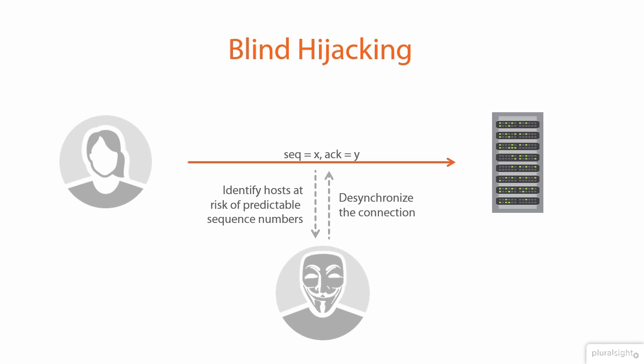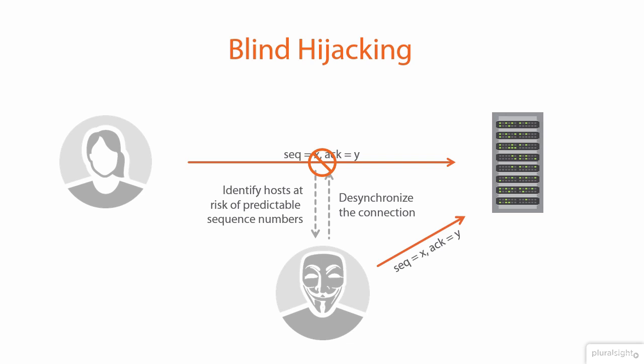Another approach would be to send a reset flag. In fact, you may have noticed in that earlier TCP header diagram, there is an RST attribute. Now, if the attacker can send that to the server, they could destroy the session from that end. Now, once the attacker has successfully desynchronized the connection, they can then insert themselves back into the communication by taking advantage of the predictable sequence numbers and begin communicating directly with the host.